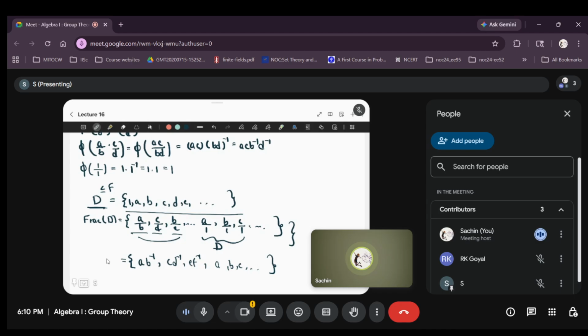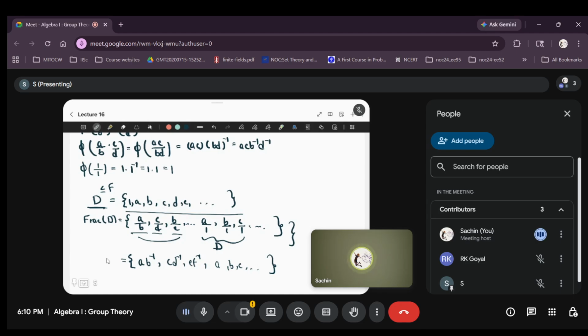When you start out with the integral domain, you don't have inverses for each element. That's why you have to construct this fraction set. But if you start out with a field, then restrict yourself to a smaller ring, which is an integral domain, then there is a bigger field where you can get your inverses from.